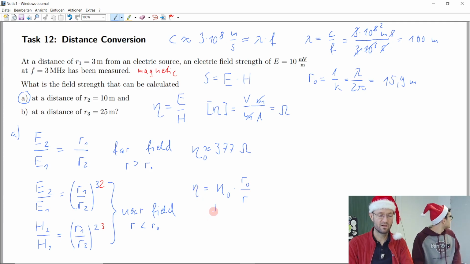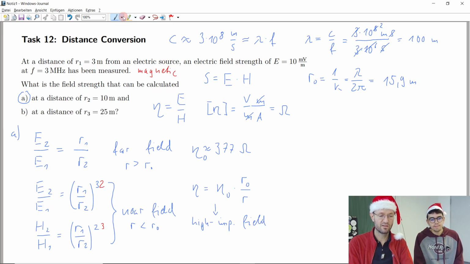And so the near field of the electric source is a high impedance field. And for the magnetic source, it would be exactly the opposite, R divided by R0. Here, if you go closer to the source, the field impedance gets smaller. And so for the magnetic dipole, we get a low impedance field.